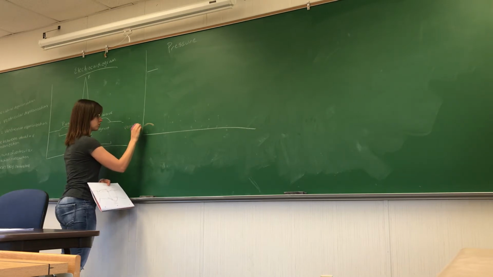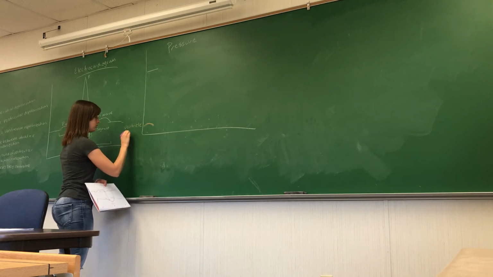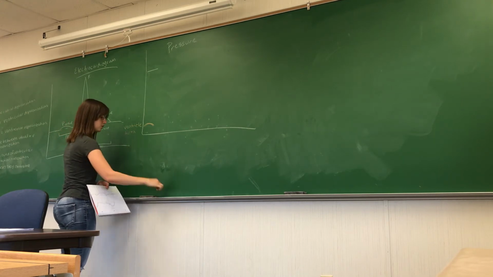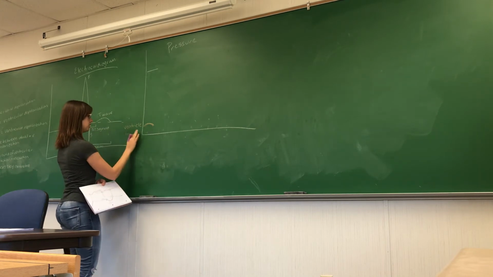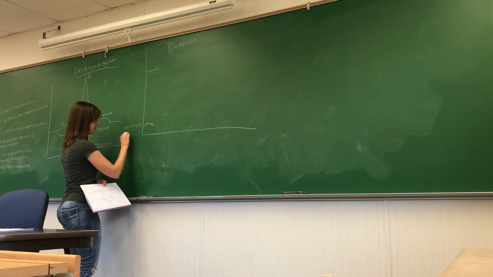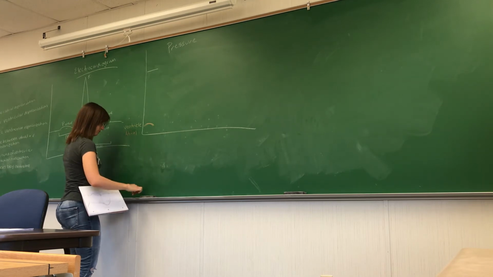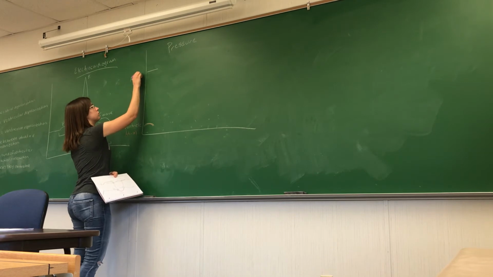So this is the ventricle pressure, and then this is the aorta pressure, and then this is the atrial pressure. And this is the aorta.